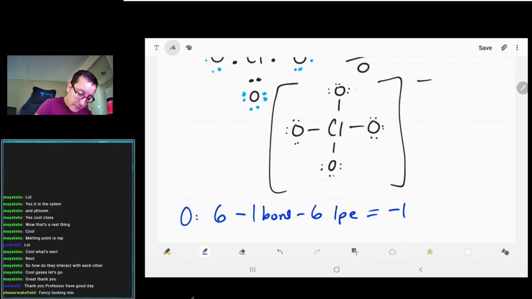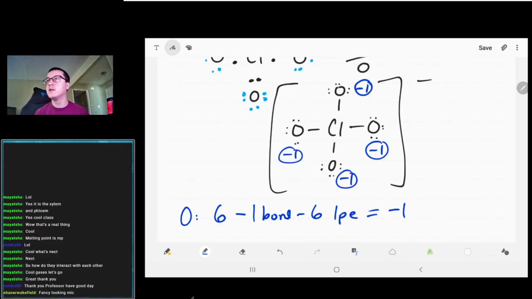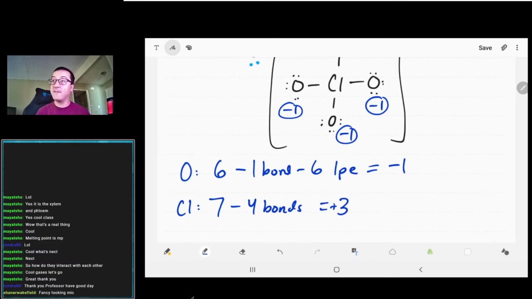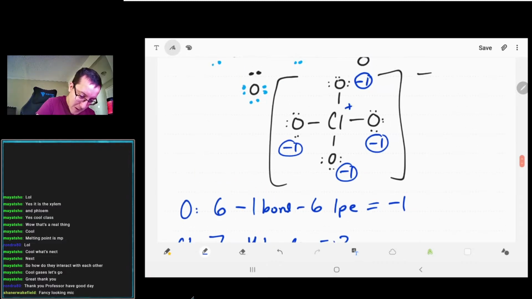So in fact, all of these oxygens have a -1 charge on them. They're all identical, right? They all have 1 bond and 6 lone pair electrons. If you look at the chlorine, it started with 7. It in fact has a charge of +3.